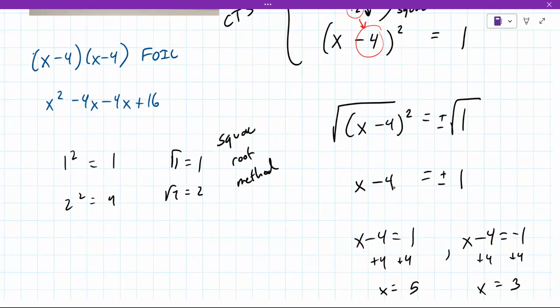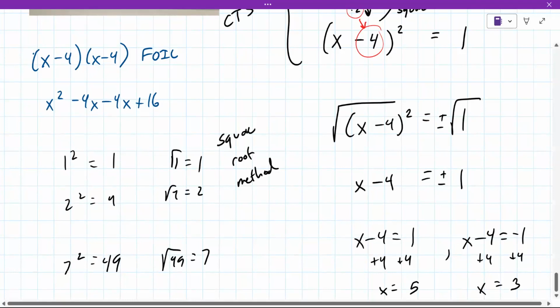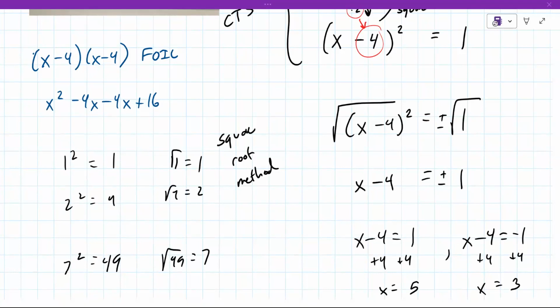Maybe you know 7 squared is 49, square root of 49 is 7. If you want, you could try number 11, or we can move on to quadratic formula.